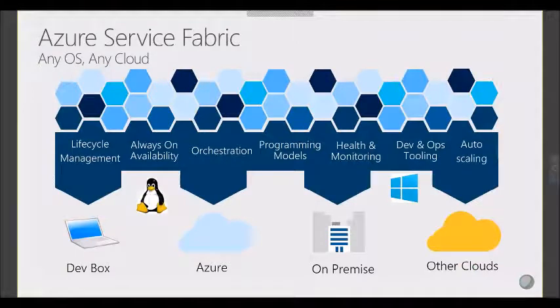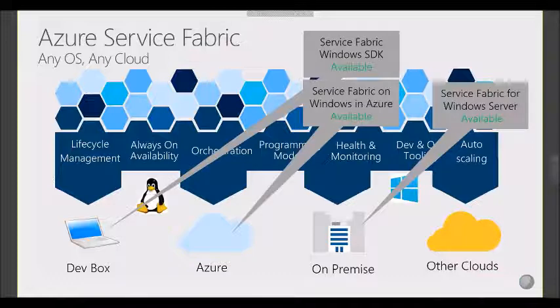So what about the state and the future of Service Fabric? It's basically a solution that runs on almost any machine, on different operating systems. It runs on your dev box, of course. It runs on Azure.